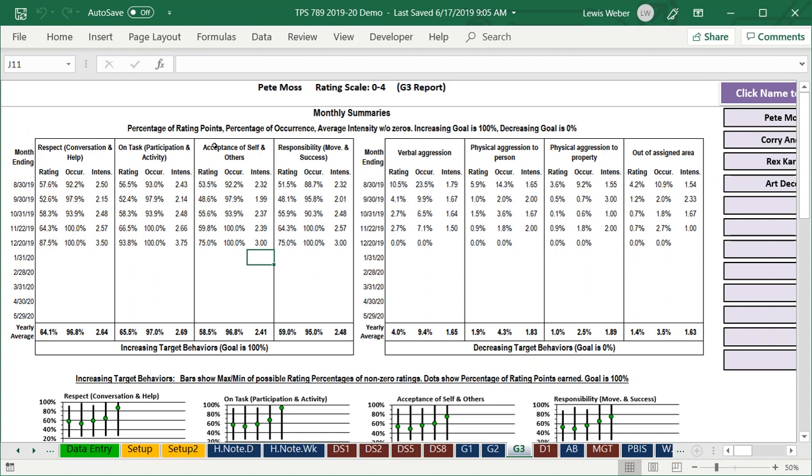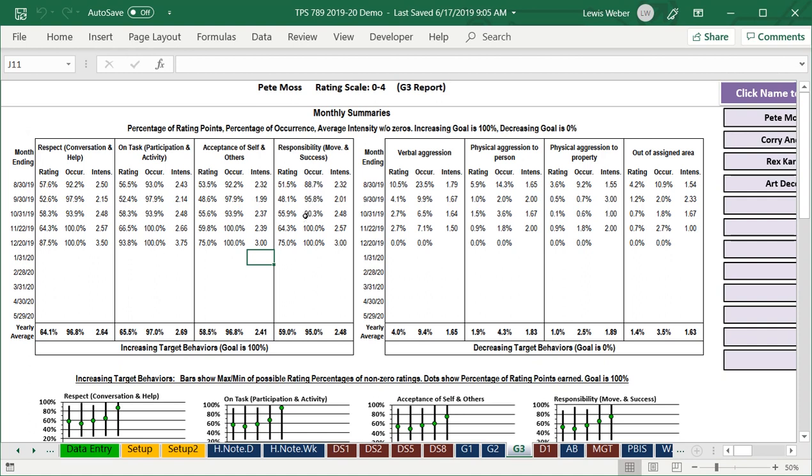Now, I started with the increasing targets, and pretty much these are going to be high. Unless the student is earning a bunch of zeros, of course we would see that here as well. These ratings would start to drop because the ratings include zeros in them. So occurrence means that there was some non-zero value, and typically we find these values to be pretty high because the student typically is earning at least a 1 on a 4-point scale for each of the increasing targets.